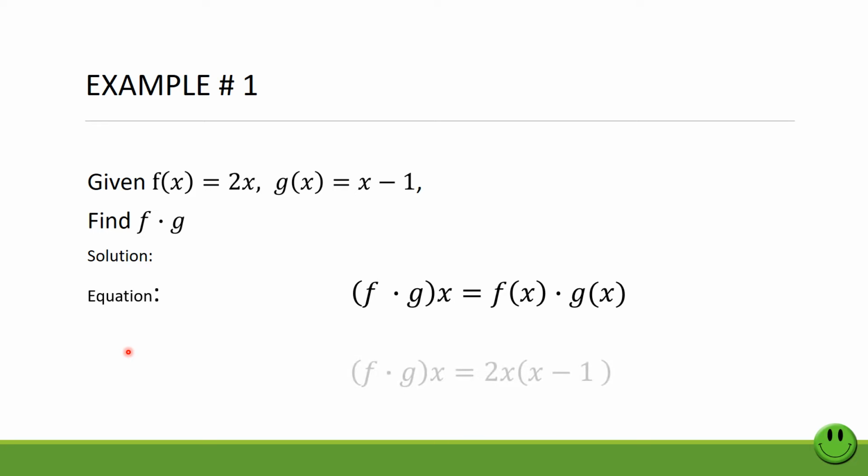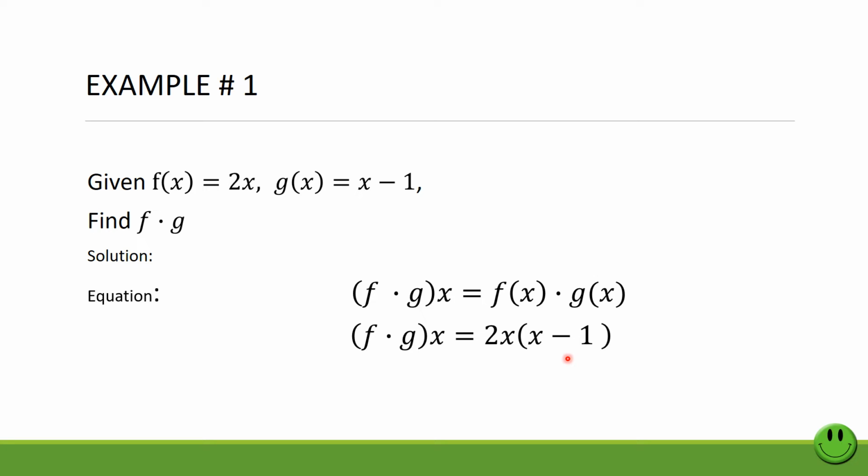So we now have (f times g)(x) equals 2x for f(x) and x minus 1 for g(x). So we have 2x times (x minus 1).